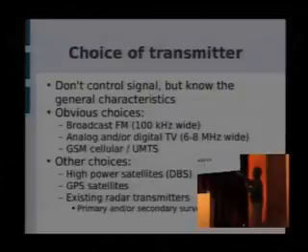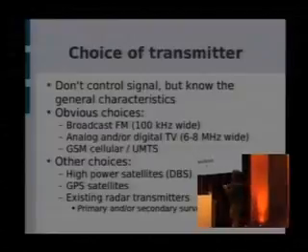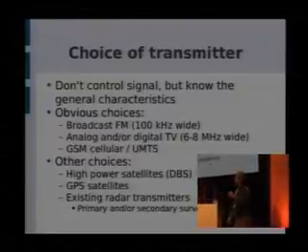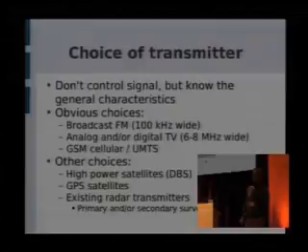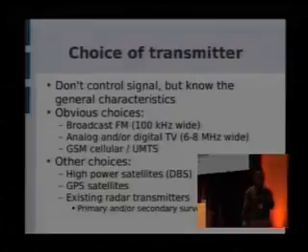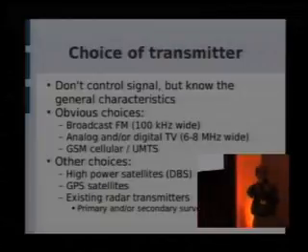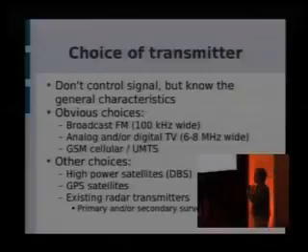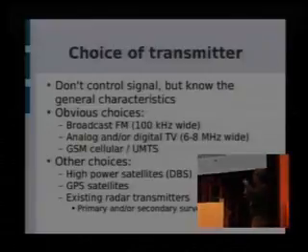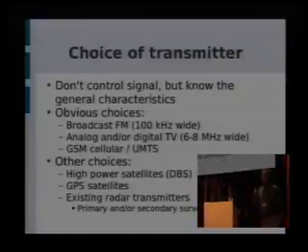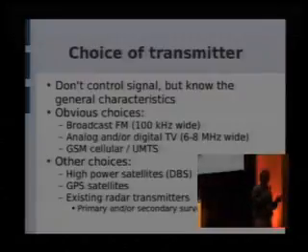And then there's an outfit in the UK called Roke Manor who claims to be doing GSM-based, they're calling it CELDAR, where they use GSM base stations as the transmitters, and they watch the reflections. From my reading of their literature and talking to some other people, we're not really clear how useful it is, because the base stations are relatively low power.